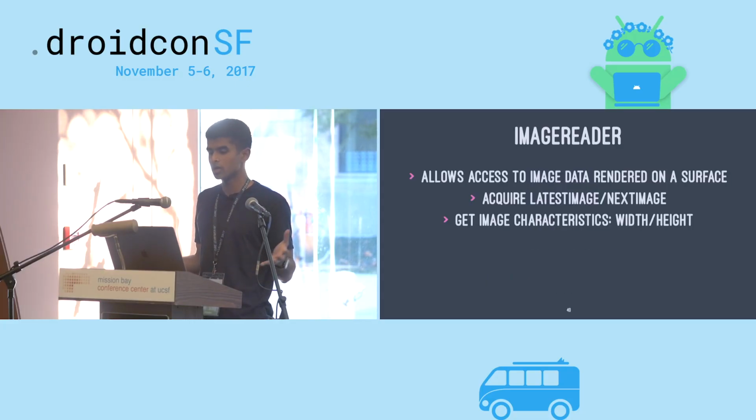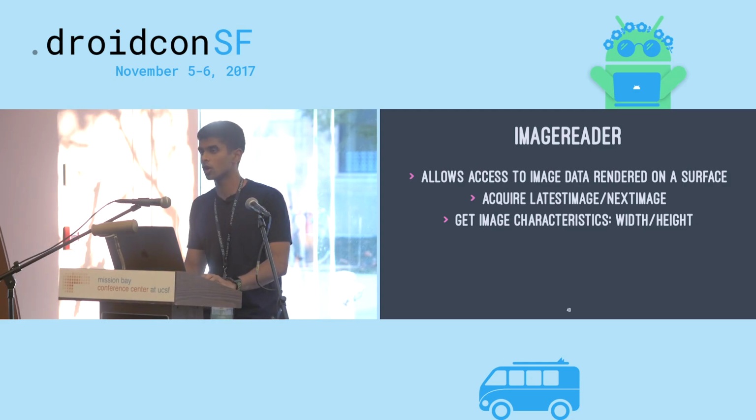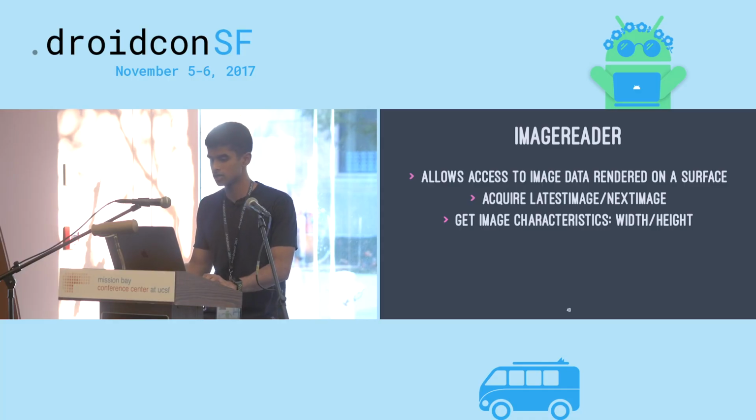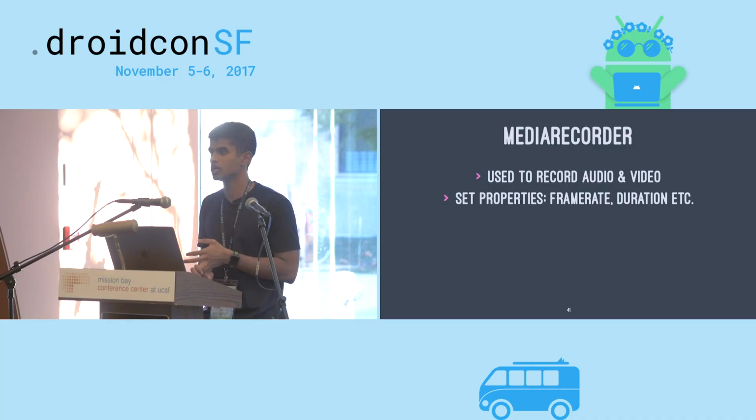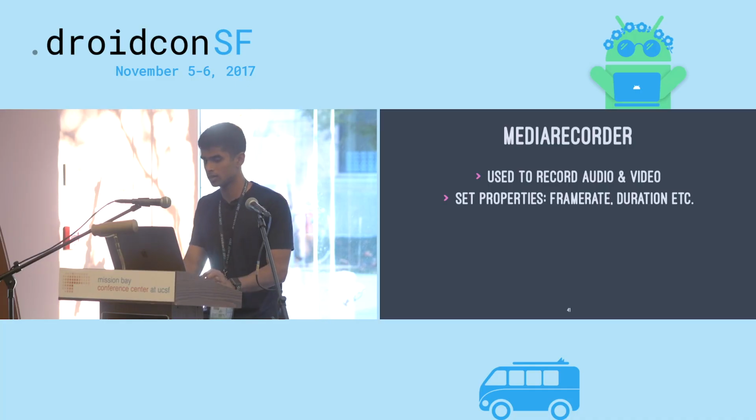So image reader allows access to image data rendered on a surface, and you can use it to acquire the latest image, next image, and so on. Then it also returns image characteristics. Media recorder is very similar to the image reader, used to record audio and video. And you can set properties like frame rate, bit rate, and duration, like max duration.